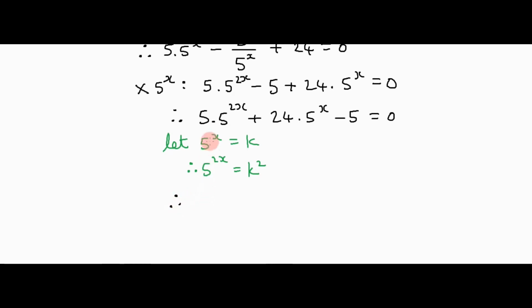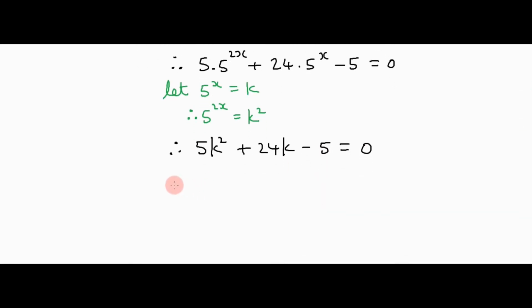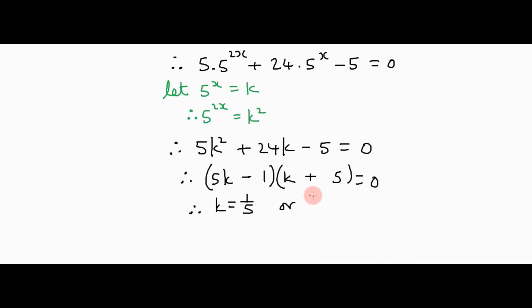Substituting in the k's, we have 5 times k squared plus 24 times k minus 5 equals 0. Now we can factorize and solving for k, we have k equals 1 over 5, or k equals negative 5.